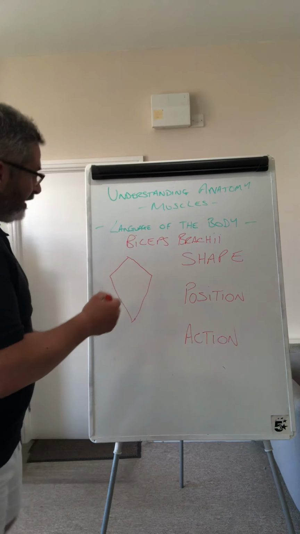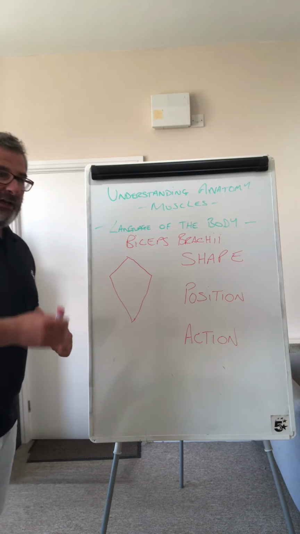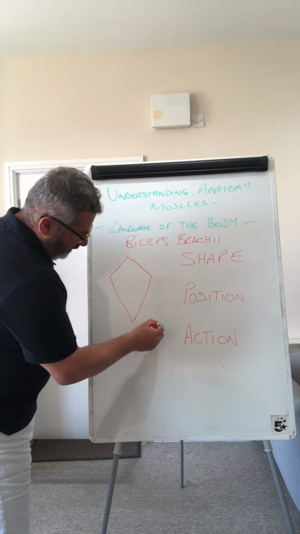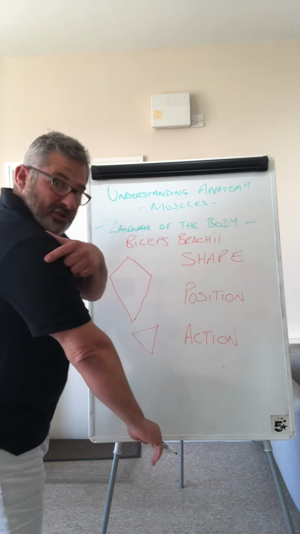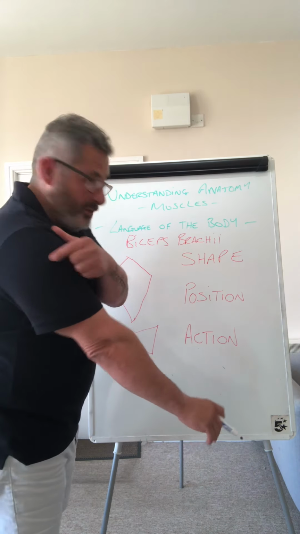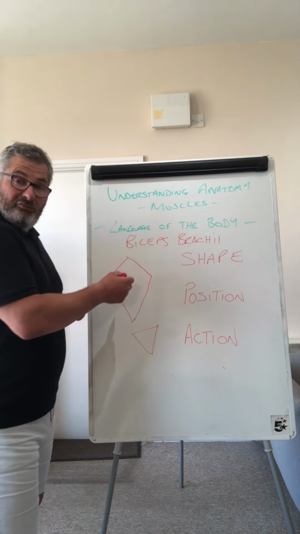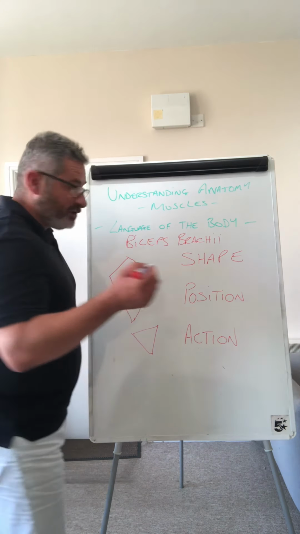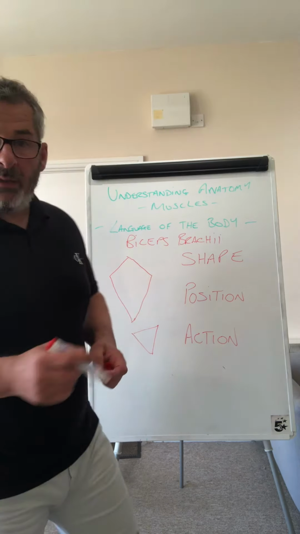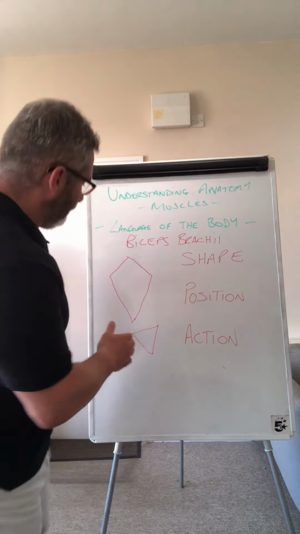Okay, so it's named after shape. So deltoid, inverted triangle, which is your delts around your GHJ, around your shoulder. Trapezium on the back. There's also the piriformis, and piriformis means pear-shaped. Okay, and indeed it is a pear-shaped muscle. It's not exactly like a pear, but it is pear-shaped.